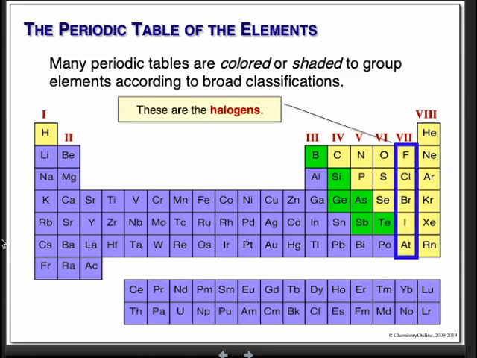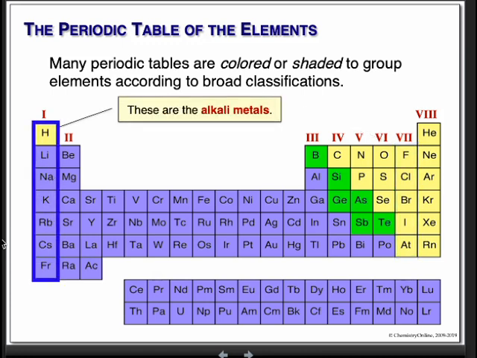Group 7 are the halogens. This is a very important group. Very reactive. Fluorine, chlorine, bromine, iodine. Make sure you know those. Know their symbols, know their names. Over here in group 1, they're called the alkali metals. We've seen lithium, sodium, potassium. Rubidium and cesium are also there. So is francium, but nobody cares about francium.